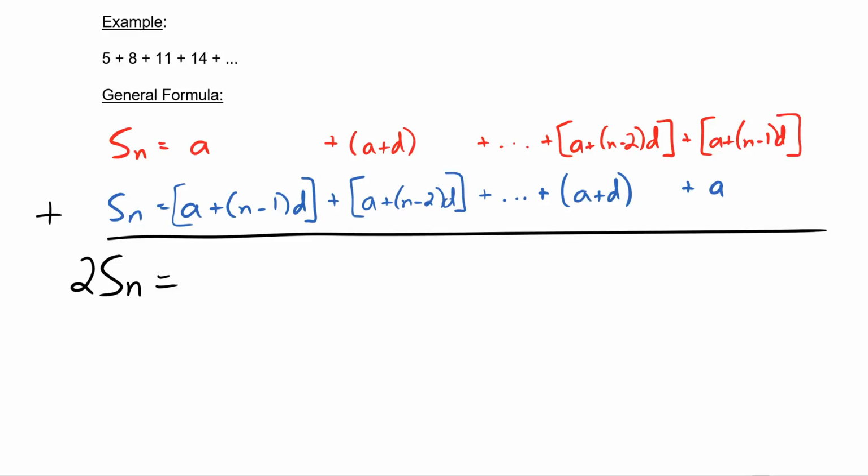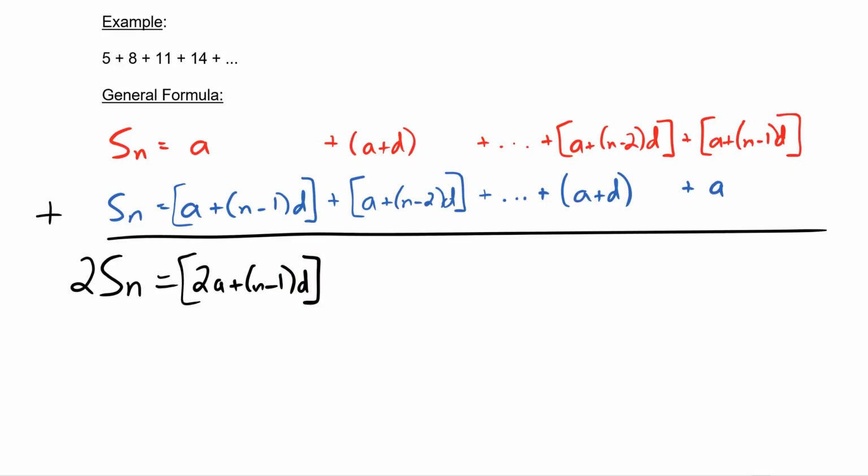Now what I'm going to do first is add up the first term in each of the series. So a plus n minus 1 times d will give me 2a plus n minus 1 times d.